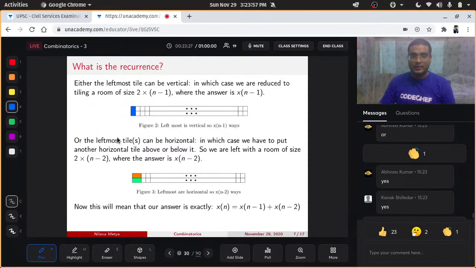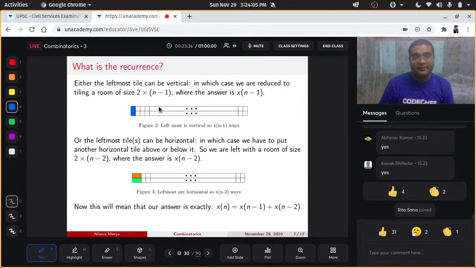Okay. So let me just go through this again quickly once, that either the leftmost tile is vertical or it is horizontal. If it is vertical, I'm left with a room of size n minus 1, for which the answer is x of n minus 1. Or if the leftmost tile is horizontal, say I have placed this green tile first, then I don't have any other option but to place this orange tile, otherwise the tiling will not be complete.